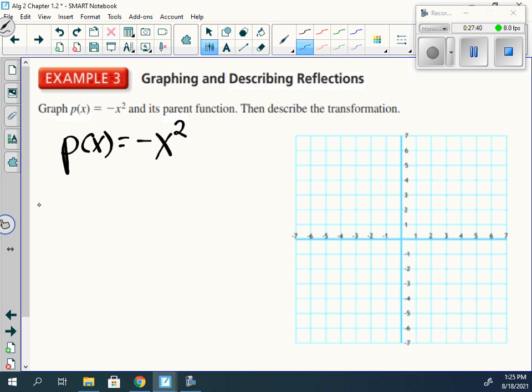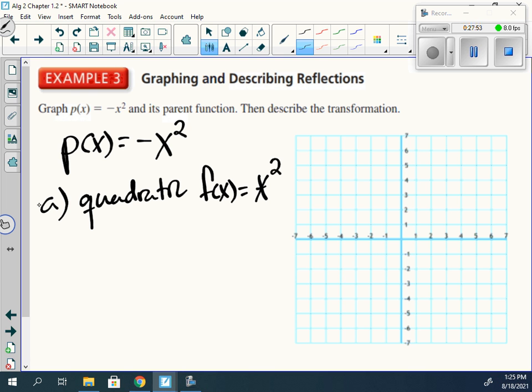That would be the parent. So the parent function would be a quadratic. F of x would equal just x squared. So this should be the first one of example 3.